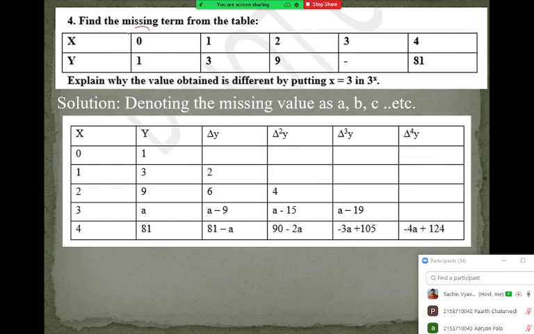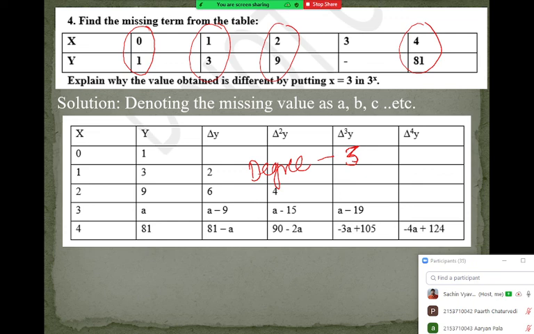How many pairs were given? 1, 2, 3, 4. When 4 pairs are given, the degree of the polynomial is 3, because the degree of the polynomial is always n minus 1 when we are given n pairs of x and y. So we are approximating the data by a polynomial of degree 3.